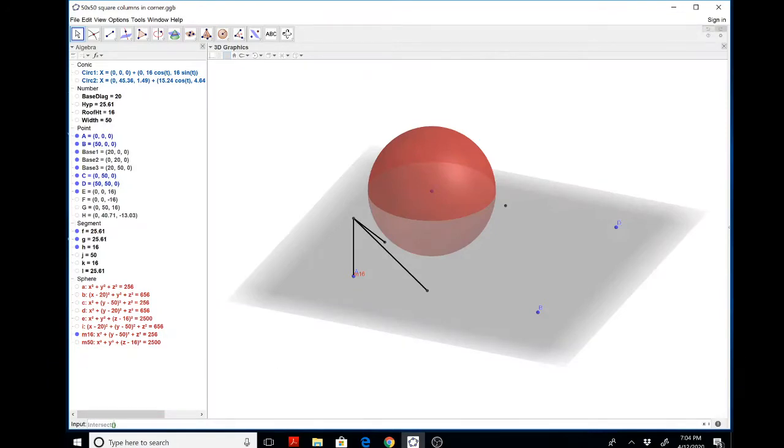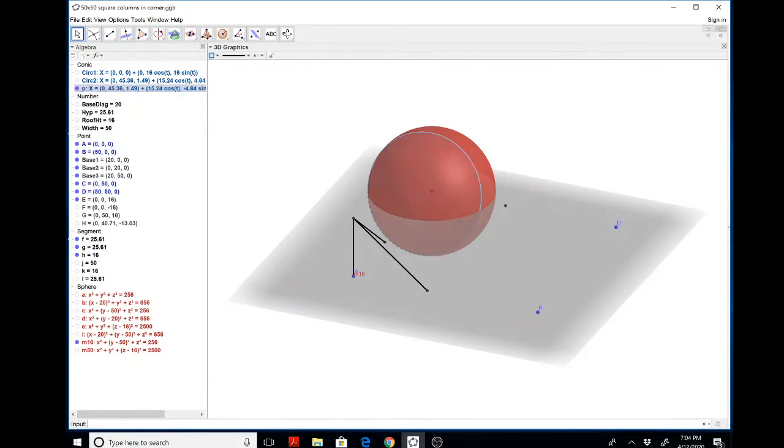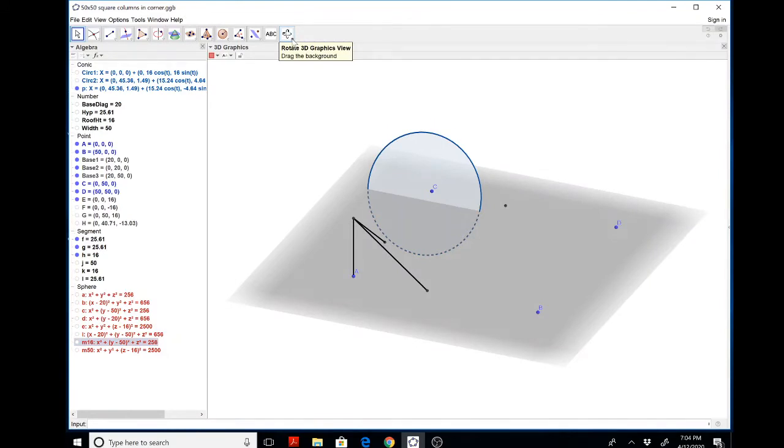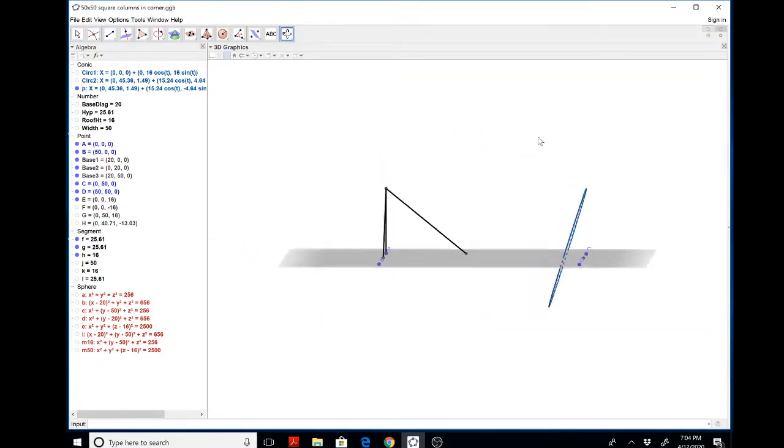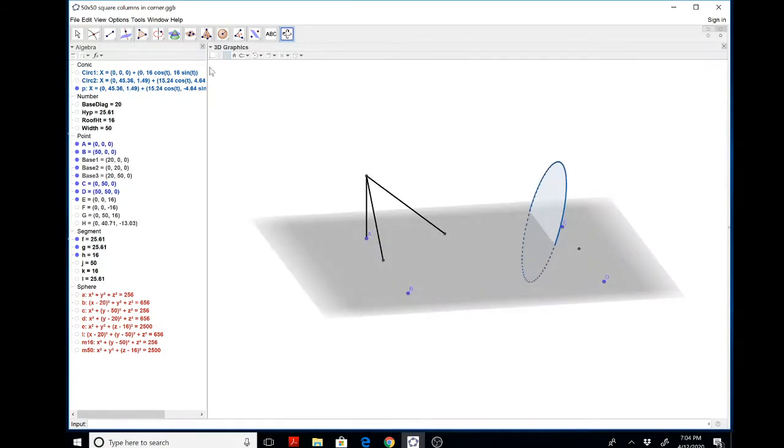So now I will intersect M50 and M16. And once again, we have a circle. I was interested to see that this circle is slanted. So that is my instability, my mechanism.